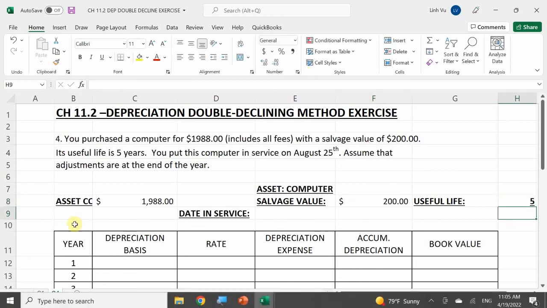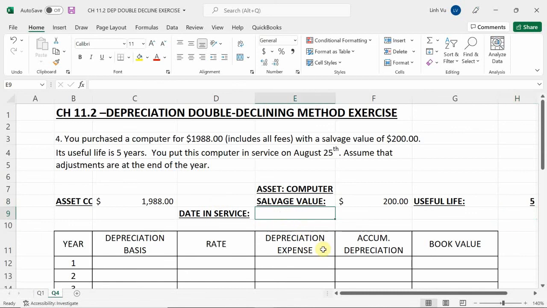Okay, and when is the date that I placed this into service? August 25th. So when do I actually start depreciating it? September 1st. September, October, November, December. That means it's going to be 4 months.